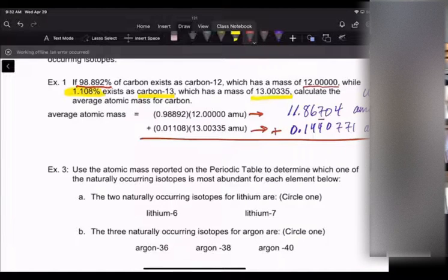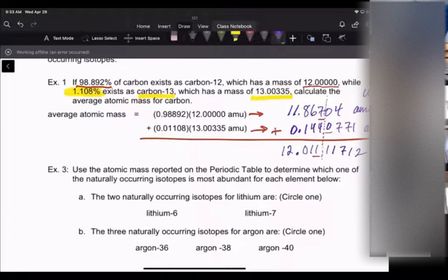In the second part, it's only got 4 significant figures because of the 1.108%. So 1, 2, 3, 4. That still has more decimal places than the top value, and that's because it's a small number. Okay, so I'm going to look at where I know those values, and my answer will be good to that place.